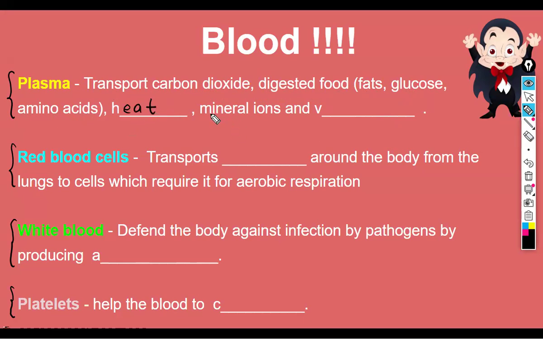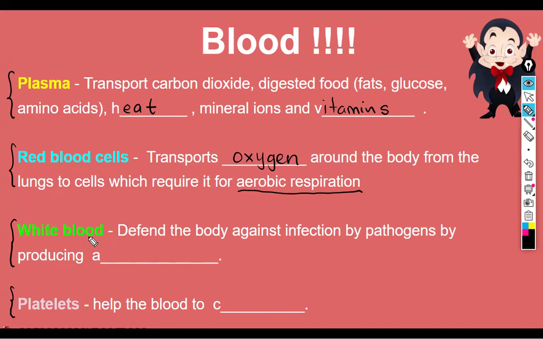And the plasma also has mineral ions and vitamins. So I hope you all got that correct, okay? Red blood cells, we mentioned this just now, transport oxygen around the body from the lungs to the cells, right? Which require it for aerobic respiration. You heard me talk about that a few minutes ago.